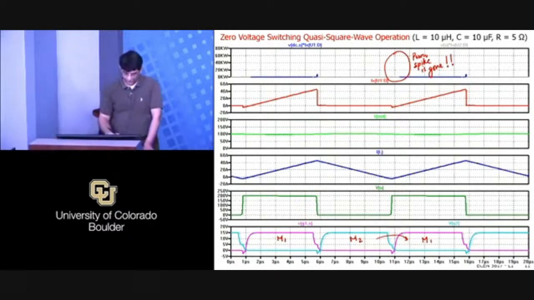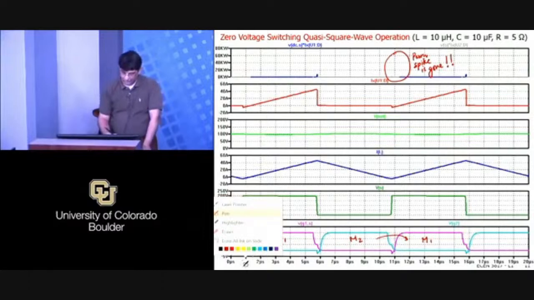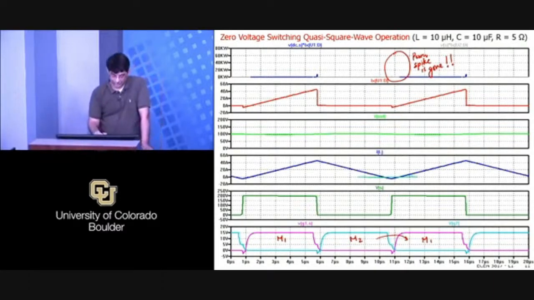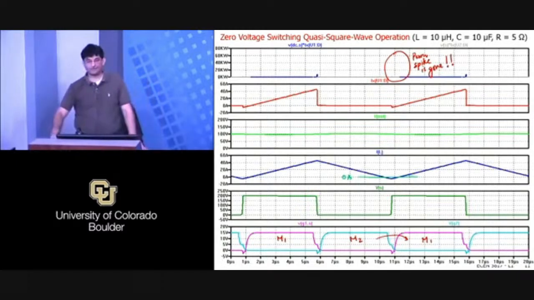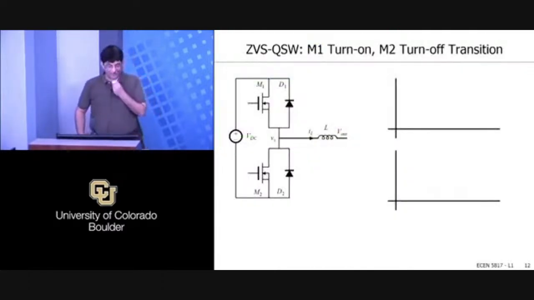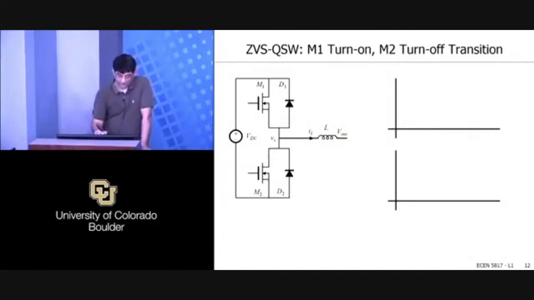Here's what you have to notice, right? The big difference is not the fact that you just have large ripple, but that at that transition, you have negative current through the inductor. So here's your 0 amp level. That transition is now happening with negative inductor current, okay? So let's look at that transition again and see what would happen if the inductor current was actually negative.